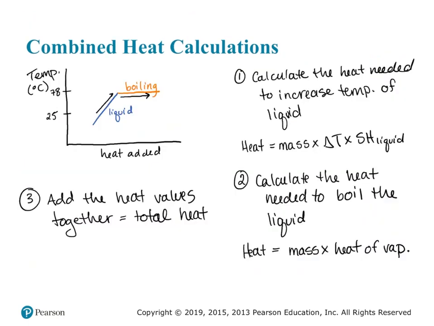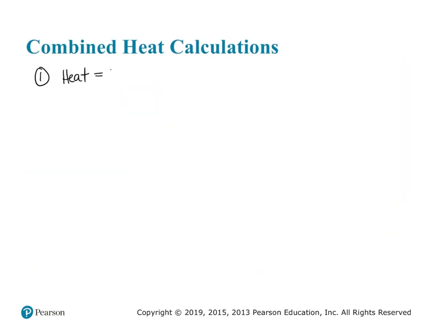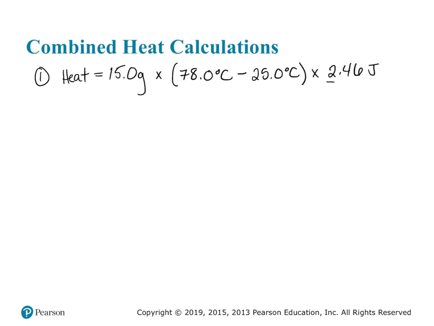Okay, we'll try to remember that, but we can always go back if we need to. Now, for our change in temperature, our final temperature is 78, and our initial temperature is 25. And then our specific heat is 2.46 joules per gram degree Celsius.